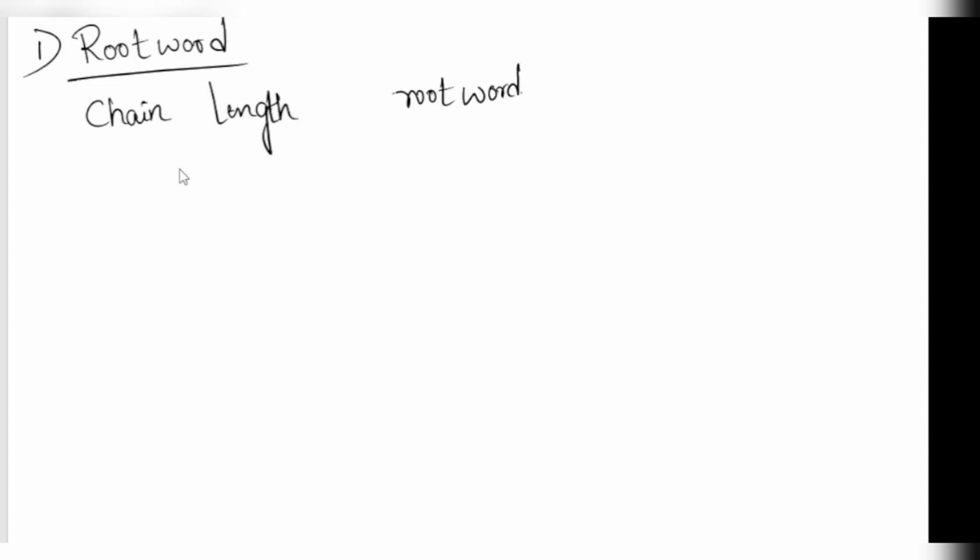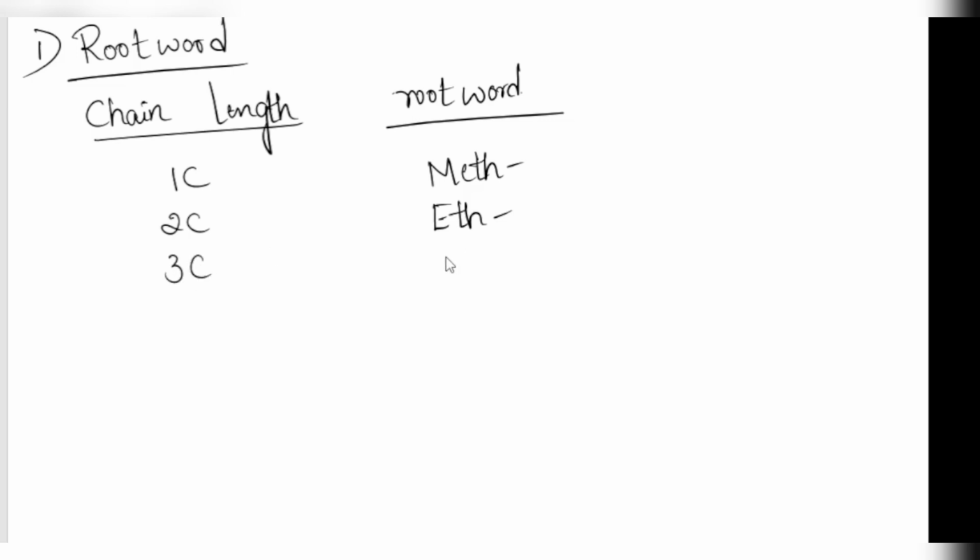Suppose a molecule under observation has only one carbon atom, then it has the root word meth, that is METH, meth. Suppose it has two carbons, then I can write it as eth. If it is three, then that is prop. For 4 carbon, it is but.